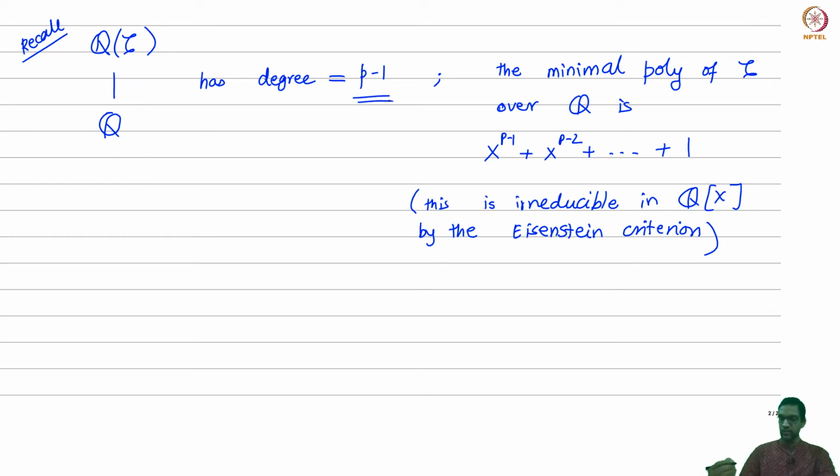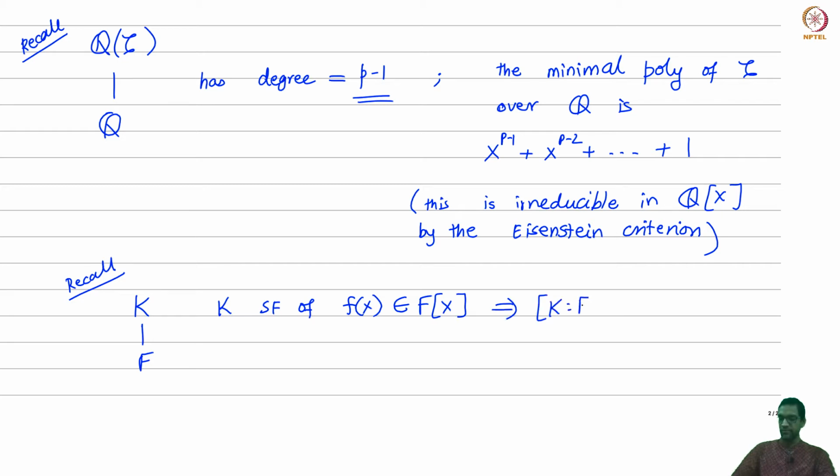Okay. So recall, of course, the general upper bound we proved: if K is the splitting field of some polynomial f(x) in F[x], over some base field F, then the degree of K over F is at most d factorial, where d is the degree of this polynomial f(x).